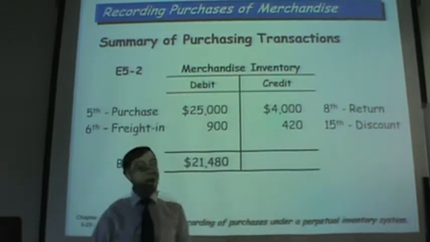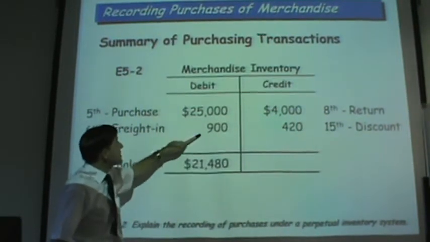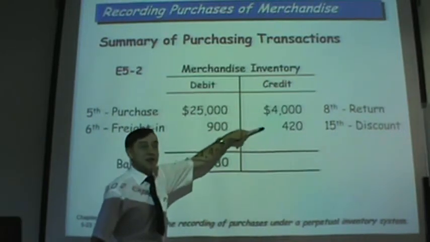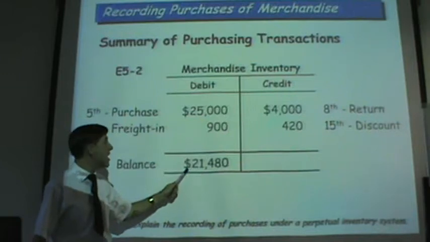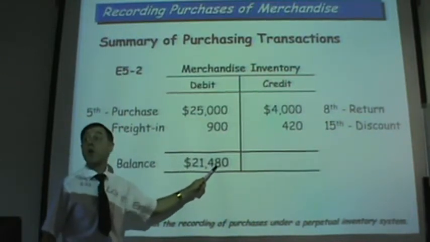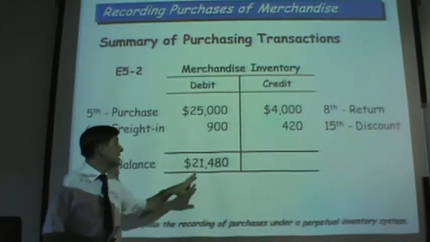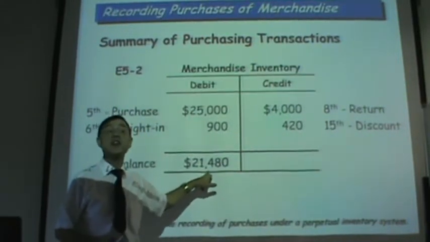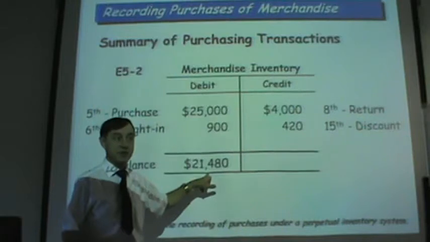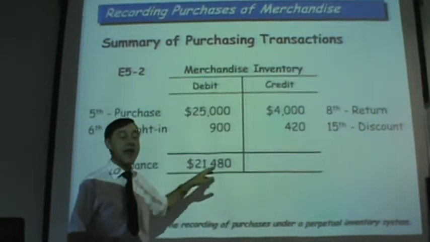So, you see how debit increases, credit decreases, credit decreases, net debit balance 21,480. And that's what you paid in cash. 21,480 was the cash payment. Okay? It's the cash payment.